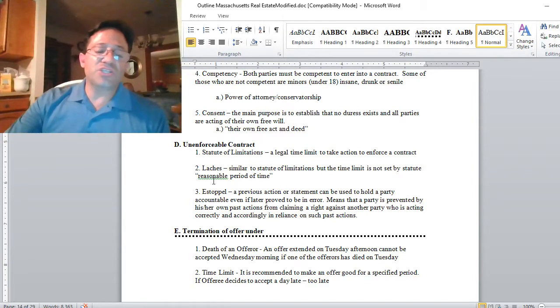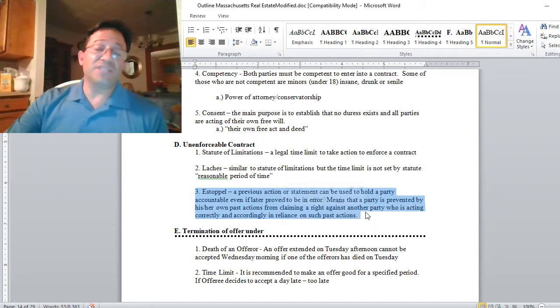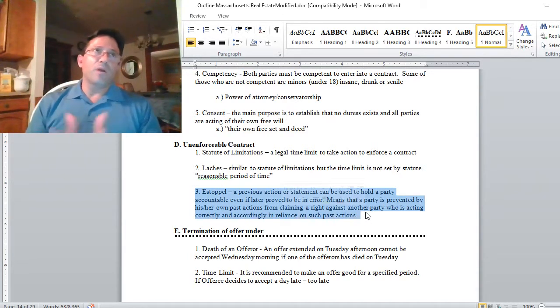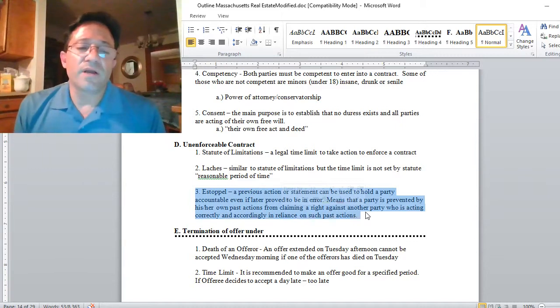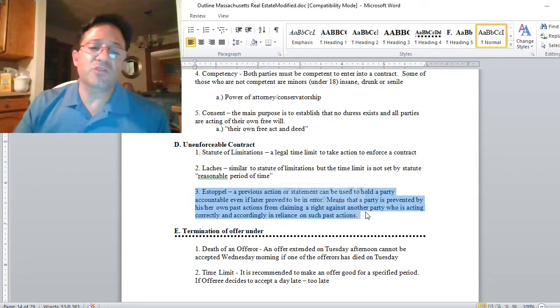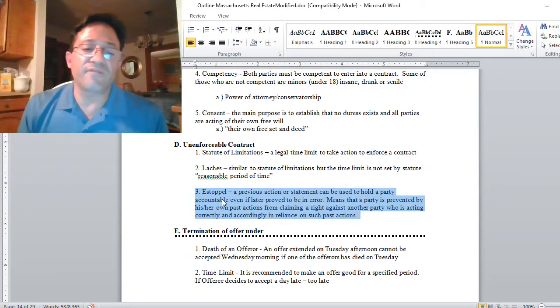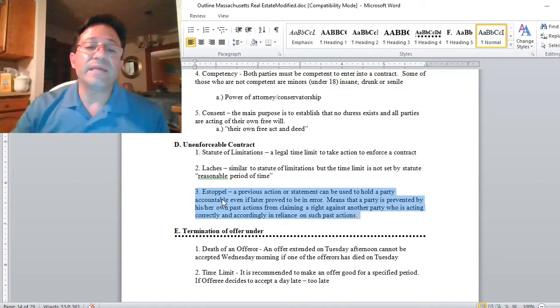Okay, and then there's estoppel. What I usually say is a general thing is we say one party doesn't necessarily have clean hands, and so therefore there's an issue. So when it says under the estoppel provision here, on an unenforceable contract, a previous action or statement can be used to hold a party accountable, even if it's later proved to be an error.